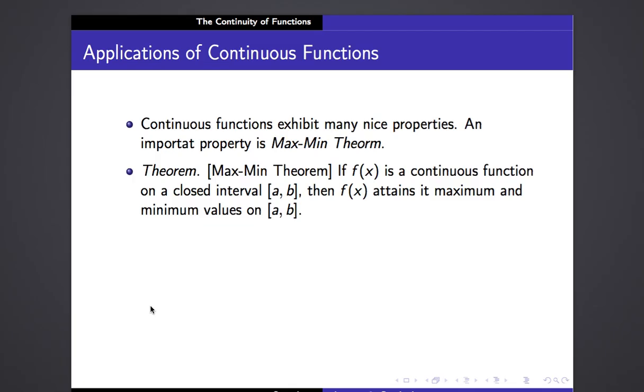However, for a continuous function, the interval also plays an important role. Closed interval. So if f of x is a continuous function on a closed interval, then f of x is guaranteed to have its maximum value and minimum value on that interval. So that's the max-min theorem. Very important.